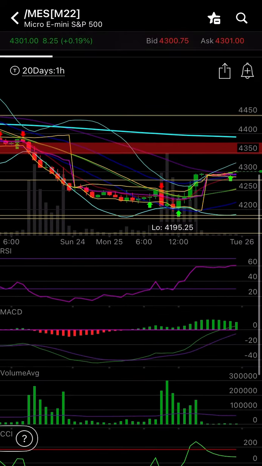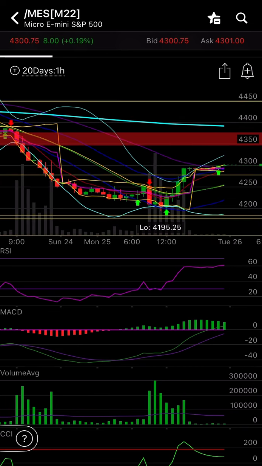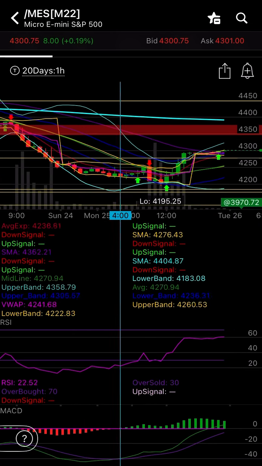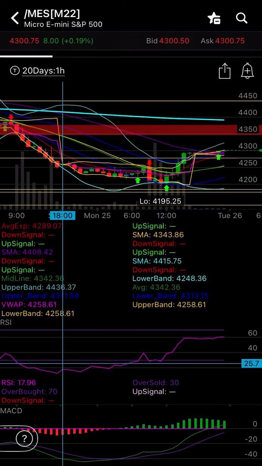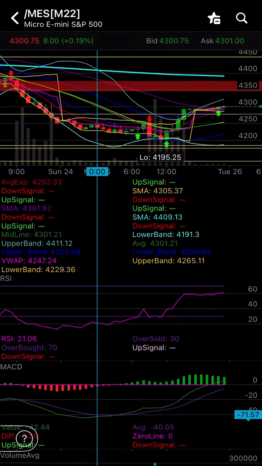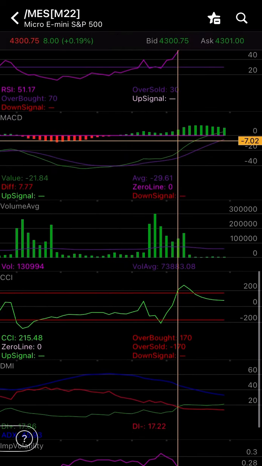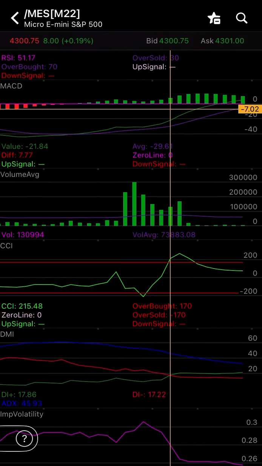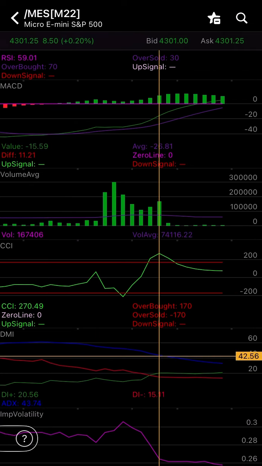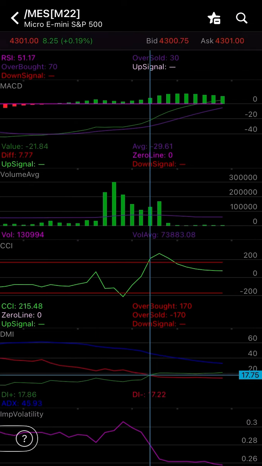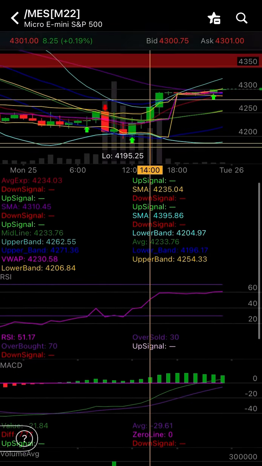Now, as far as momentum goes, right, you have RSI here trailing up, right? So here, I'll put the center crosshairs here. So RSI was trending up, MACD was trending up, okay? And DI plus was starting to trend up, okay? And actually started to cross DI negative right here. So all the momentum was turning positive here, okay?